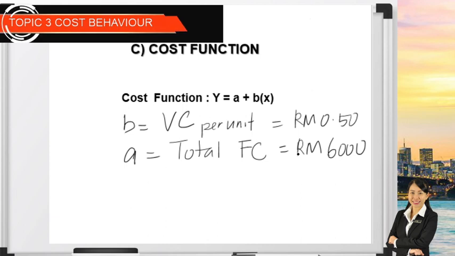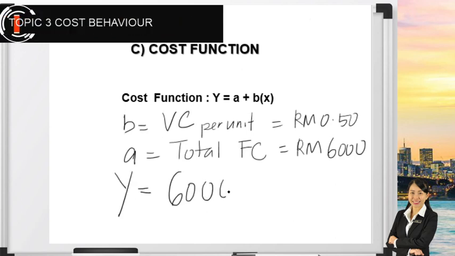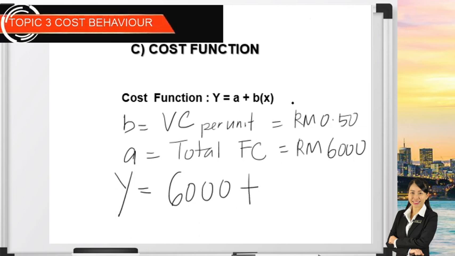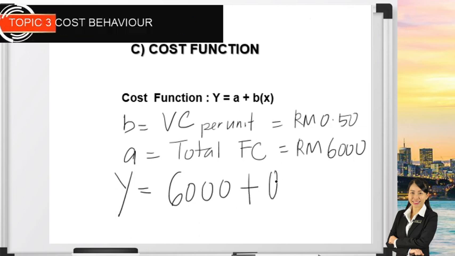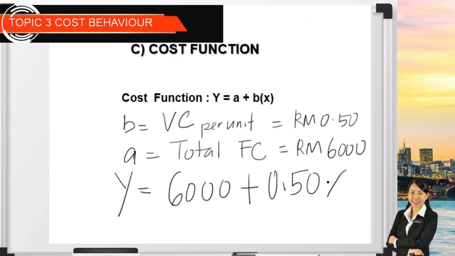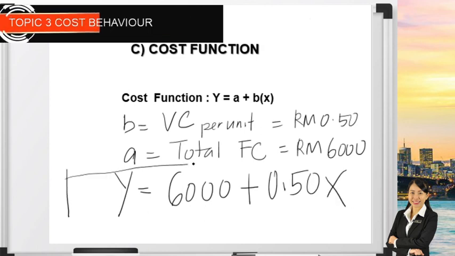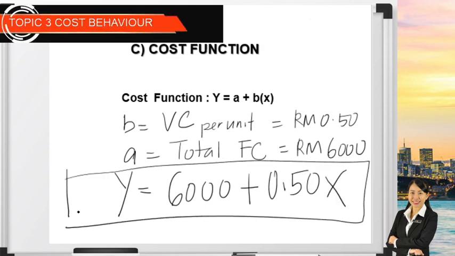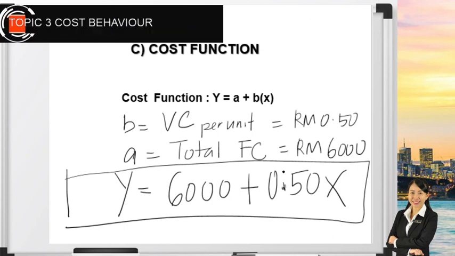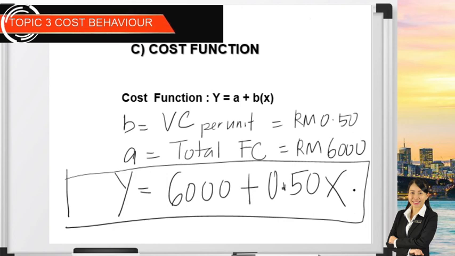So the cost function that we can form is y equals a, which is 6,000, plus bx, which is 0.5x. So this will be our cost function for this question: y equals 6,000 fixed cost plus 0.5 variable cost per unit multiplied by x.